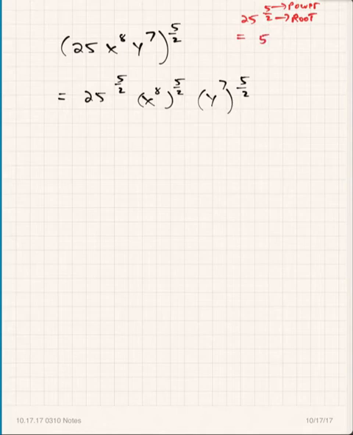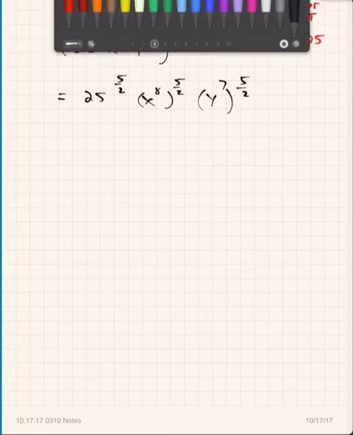Yeah, it's 5. And then that would be raised to the 5th power. So I took the square root of 25 first. That was 5. And now I'm going to take that and raise it to the 5th power. By the way, 5 to the 5th power is 3,125. Don't worry, I'm not going to give you anything that's going to be that big, but 5 to the 5th power is 3,125.